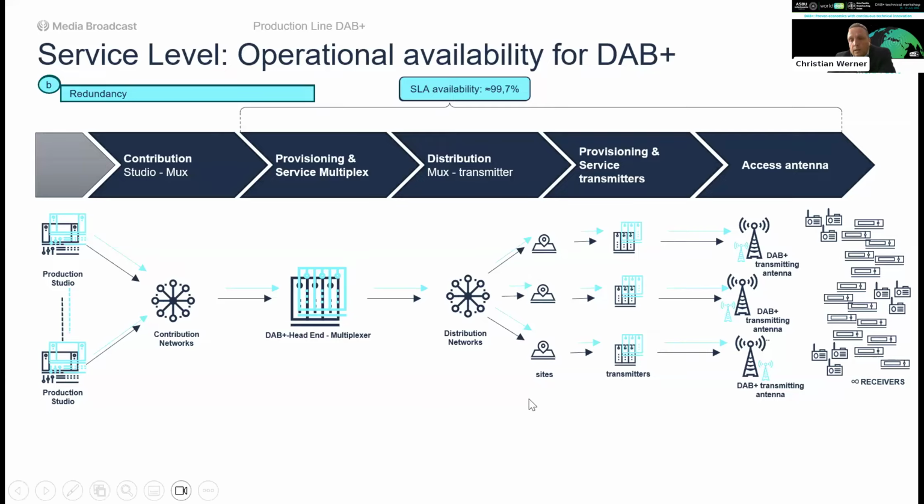On the transmitter side, for example, you could implement a 1+1 redundancy configuration, which means that you have 2 real transmitters at every site, which is quite an expensive solution. You could just use driver backups or dual drivers, which would be more economic.